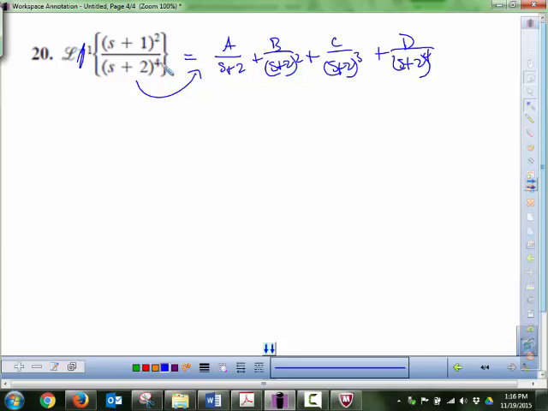So I would probably multiply by s plus 2 to the 4th power, and on the other side of the equal sign, I would just be looking at the fraction.